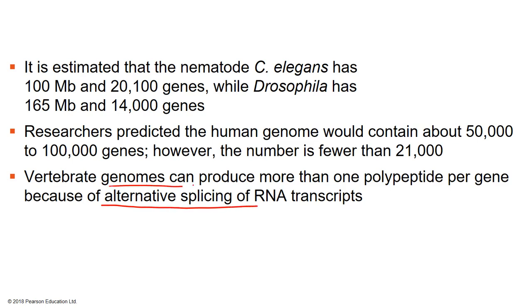So remember, alternative splicing allows the generation of more than one polypeptide from a single gene.